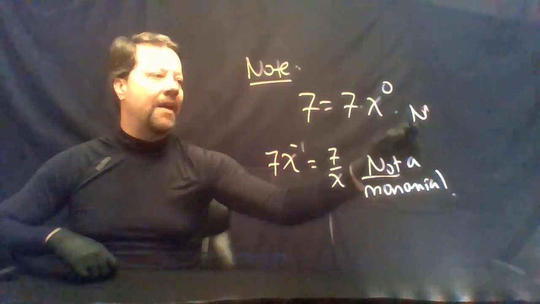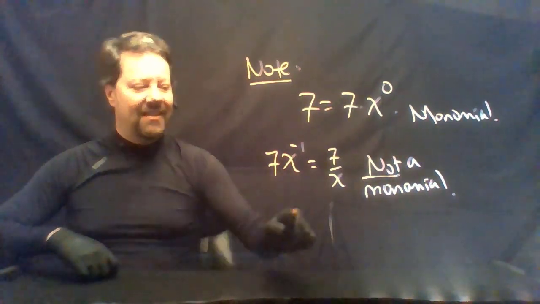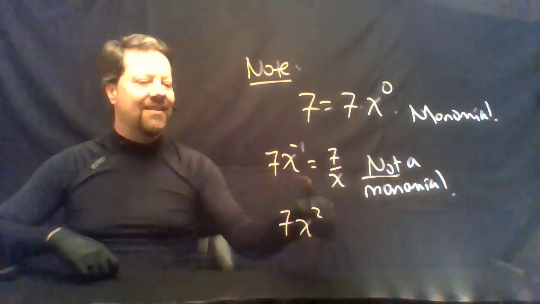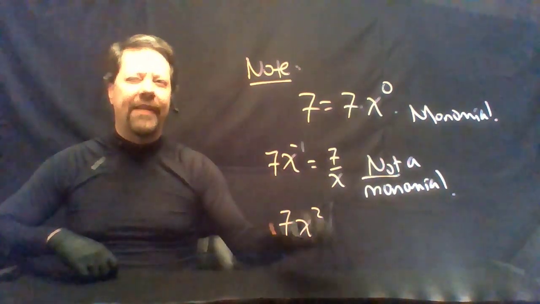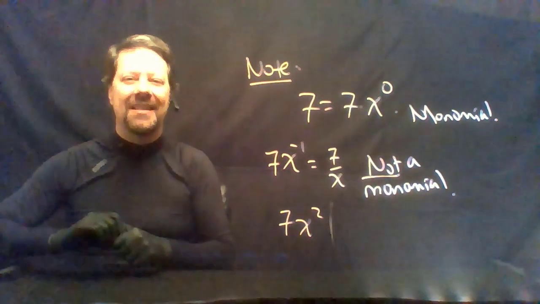Seven is a monomial, just like 7x squared is also a monomial. Any constant times x to a whole number power is a monomial.